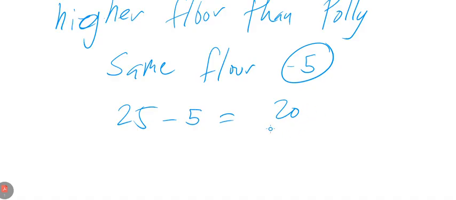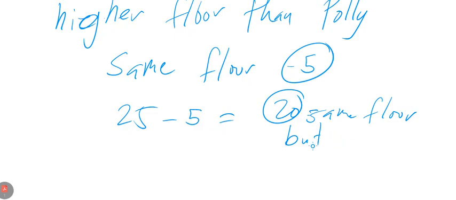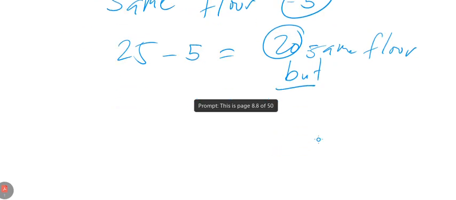So that gives us 20 outcomes where they are not on the same floor. But this must be divided, because we have one for Queenie and one for Polly.